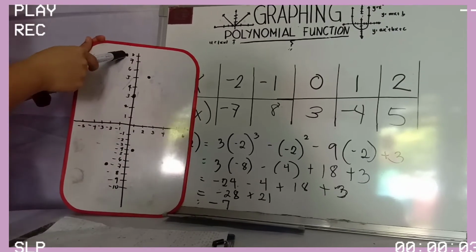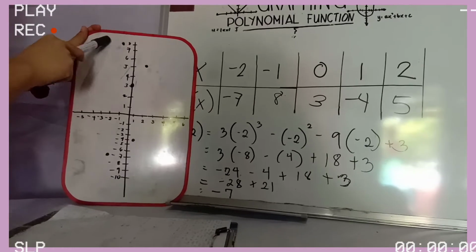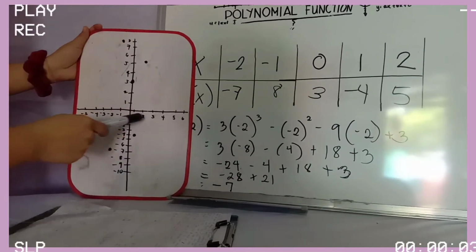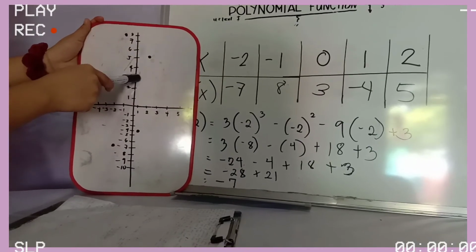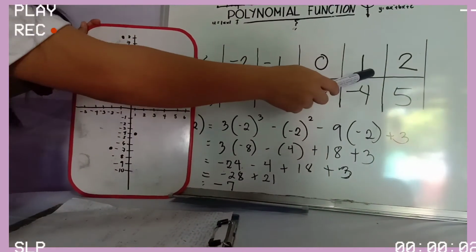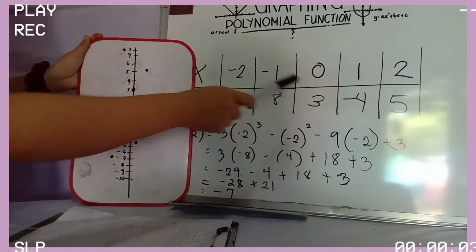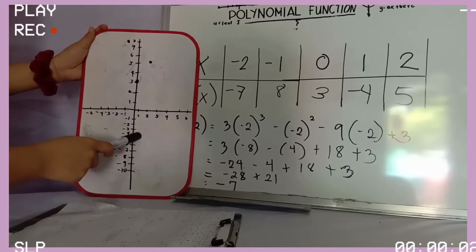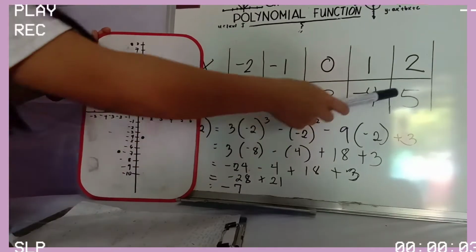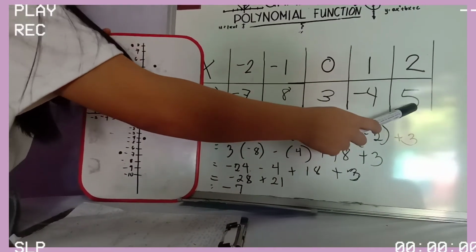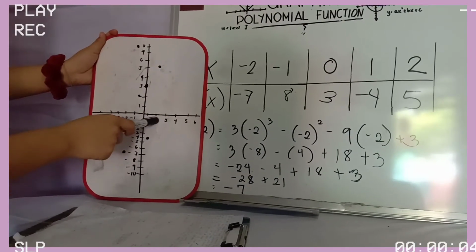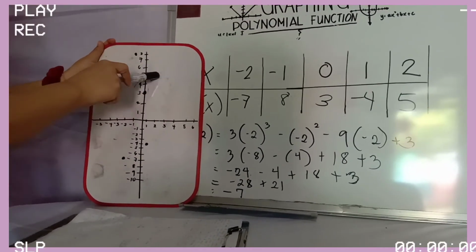Next, 0 and positive 3. Next, 1, negative 4. Then 2, positive 5.